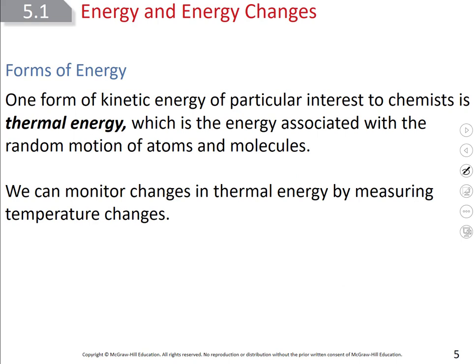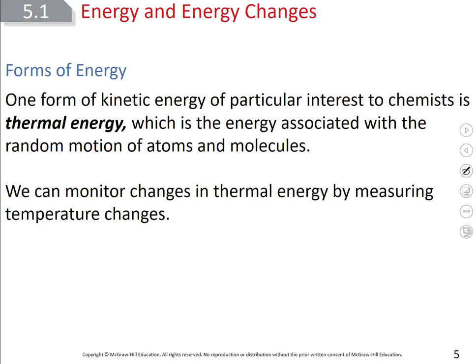So thermal energy is the energy associated with heat. In chemistry, there's a couple of different energies we can study, but thermal energy is probably the biggest one we study because so many chemical reactions involve a transfer of heat, either absorbing it or releasing heat. That is caused by what the molecules on the atomic level are doing.